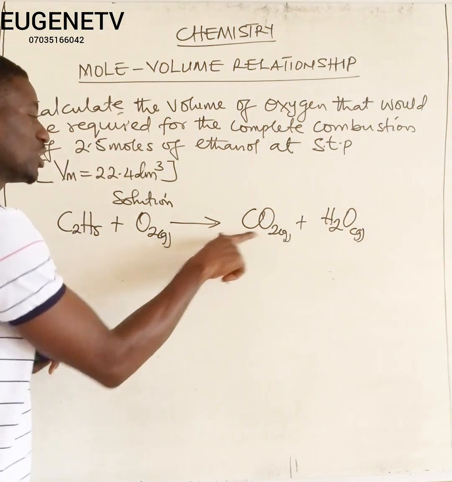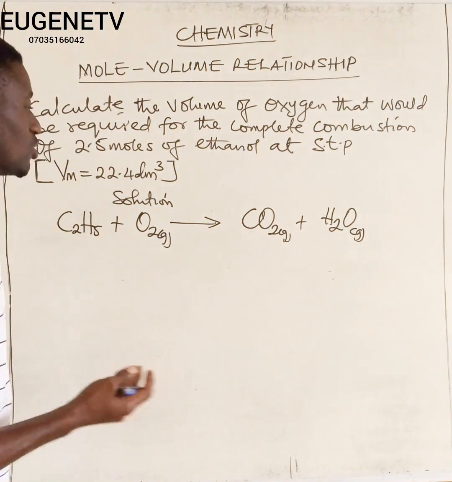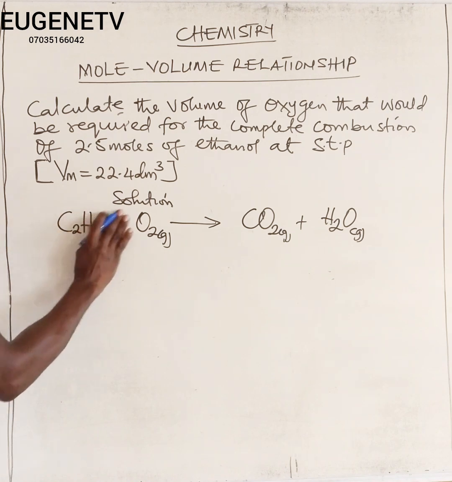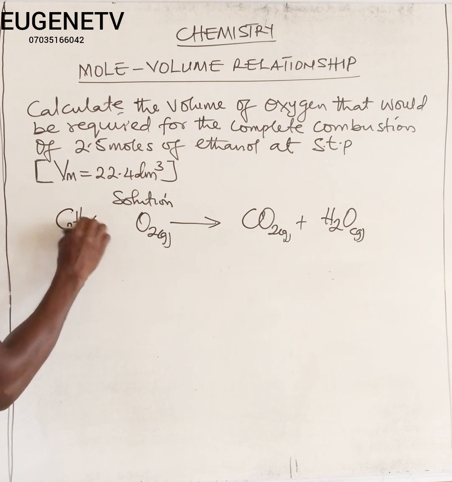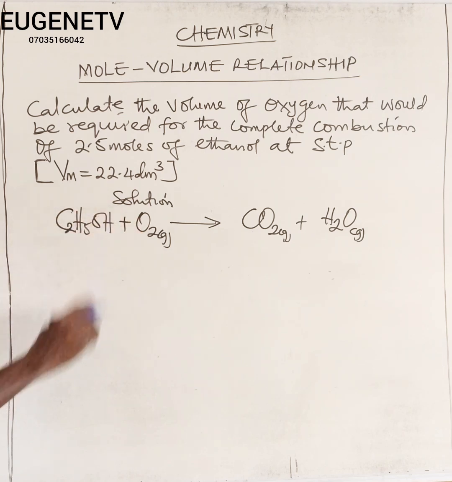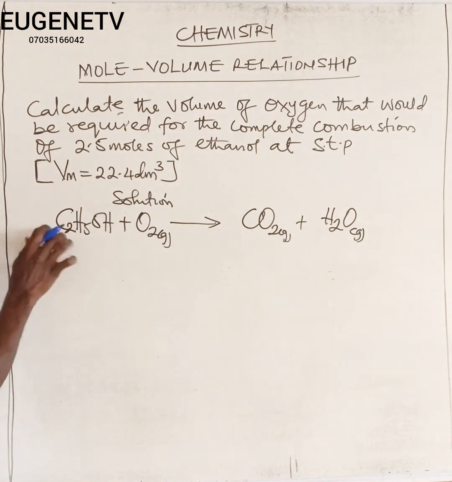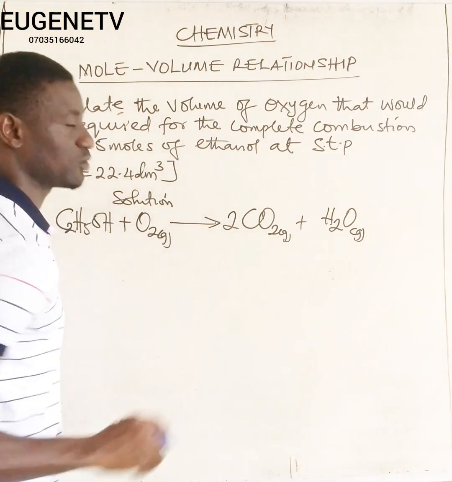It is going to produce CO2 and H2O. It's just left for us to balance the equation. Ethanol is simply C2H5OH. Sorry, I made a mistake. If we want to balance this equation, we have two atoms of carbon on the left hand side, so we need to put 2 here in order to balance for carbon.